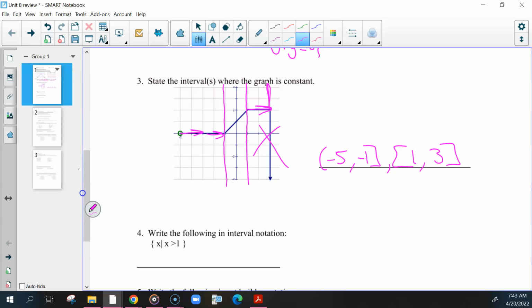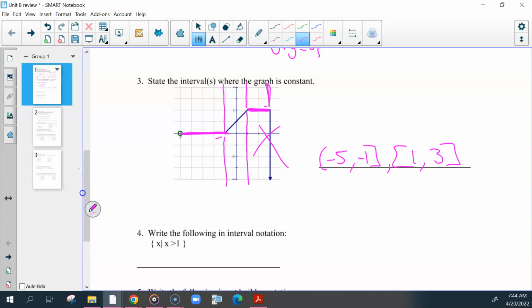Questions on that so far? Understand the constant? Understand what's going on where? Just in all of it. So you're looking for anywhere where it's a straight line, a horizontal line. And there are 2 places where there are horizontal lines. Here and right here.